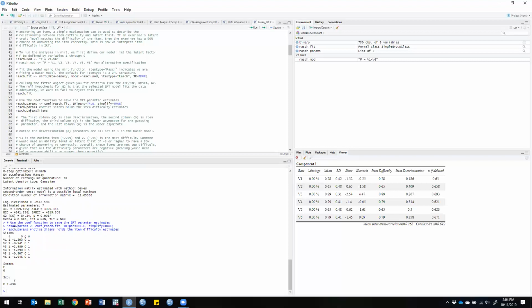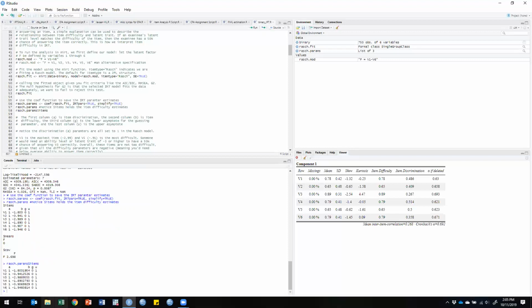If we just wanted to get just the item estimates, we can get them. Here, notice the column a is the item discrimination. b are the difficulty estimates. g would be the lower asymptote for the guessing parameter, and u would be the upper asymptote.